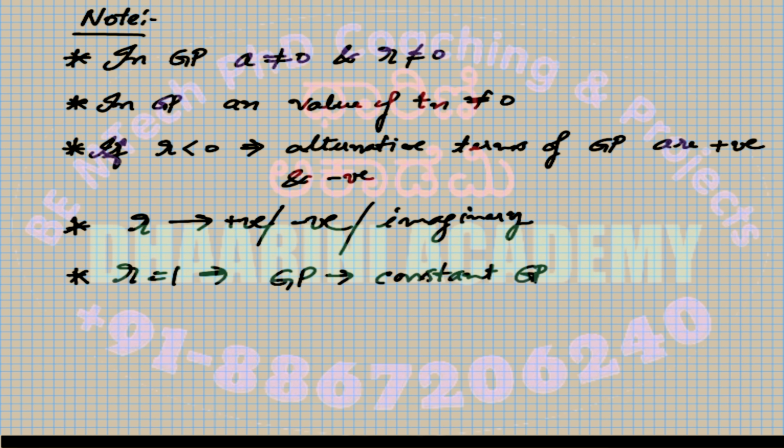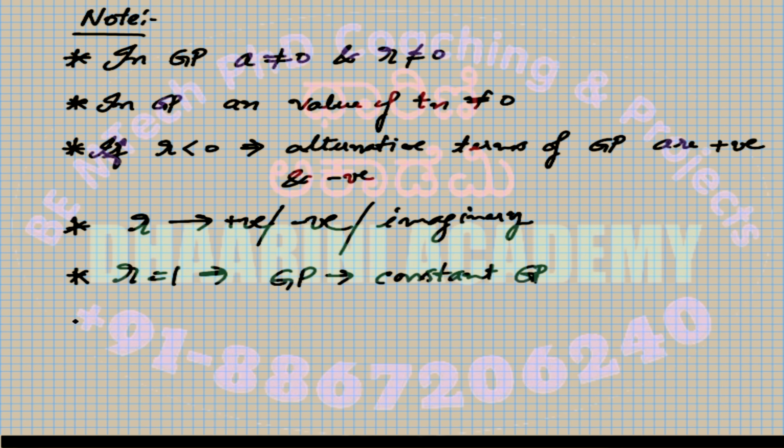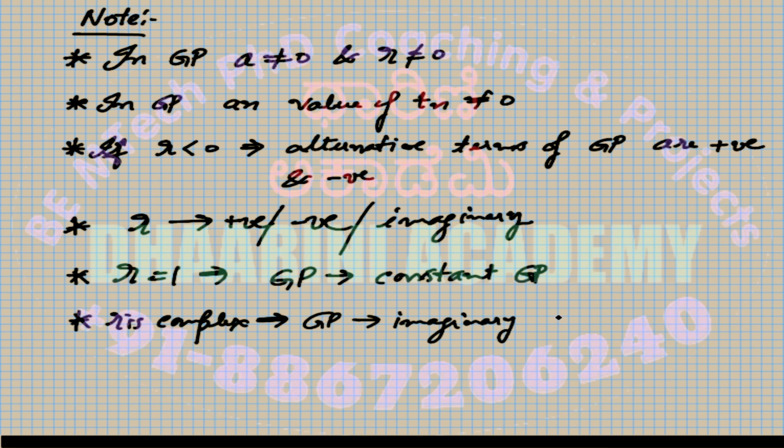Obvious, because R is 1 means every term you multiply by 1, you keep on getting the same terms throughout the GP. Then if R is complex, then the GP is said to be an imaginary GP.